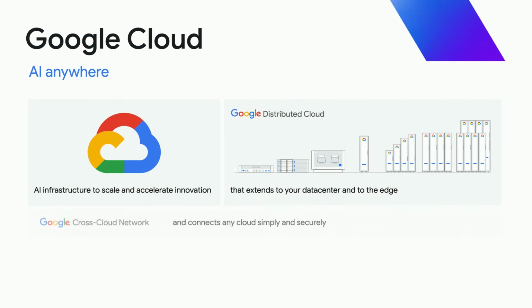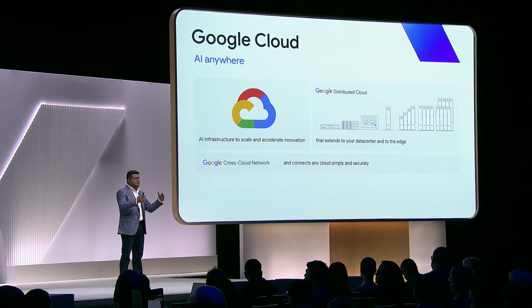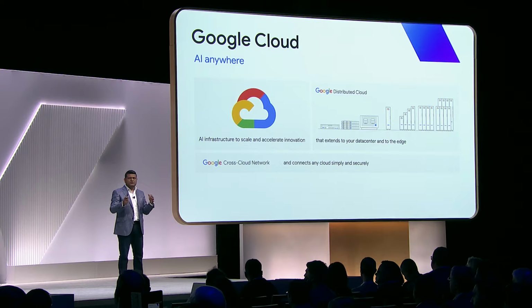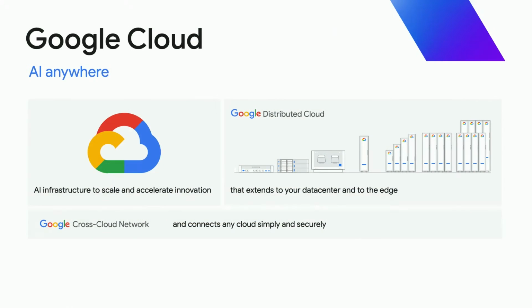And then how we take these environments that can be on-prem, that can be in multiple cloud providers, and help you simply and securely connect all of them. And then finally, how do we leverage AI through Gemini Cloud Assist to help you design, operate, and optimize your cloud environments? I'm going to be talking through Google Distributed Cloud, Cross-Cloud Network, and Gemini Cloud Assist. All right, let's get right into it.